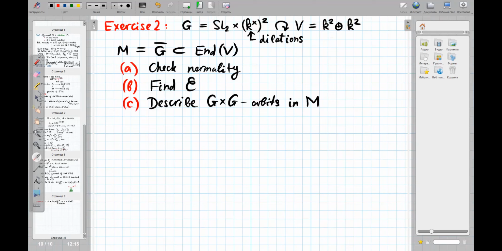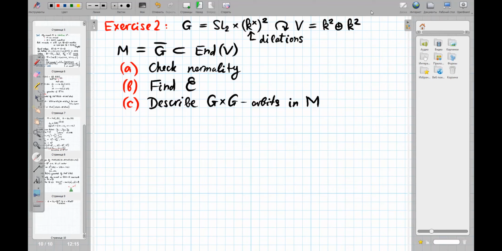And SL2 acts on? SL2 acts naturally because SL2 is 2 by 2 matrices with determinant one, and it acts on both entries, right? Exactly.